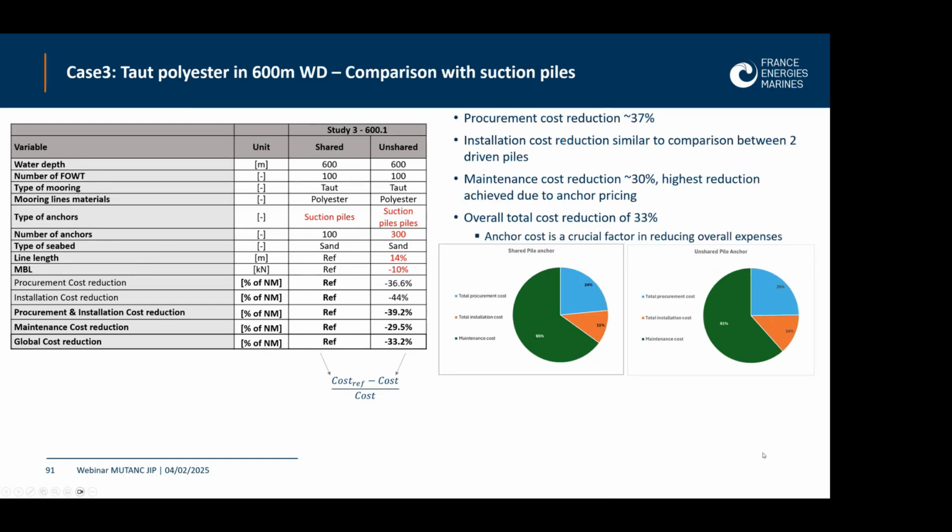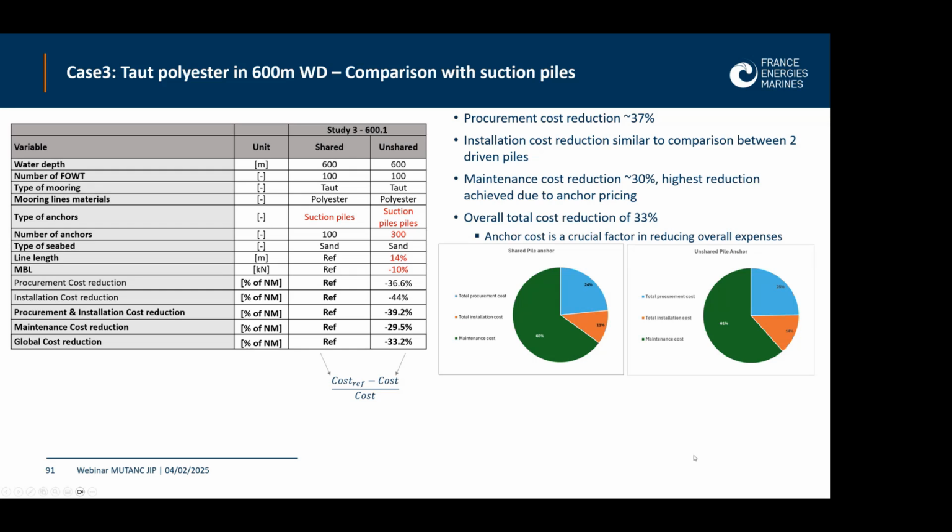And then we also performed a comparison with a suction pile. Here we can see a high cost reduction for the suction pile of 37%, as the size of the suction pile is much more important than the size of the driven pile. That leads to a higher reduction where there are fewer anchors.